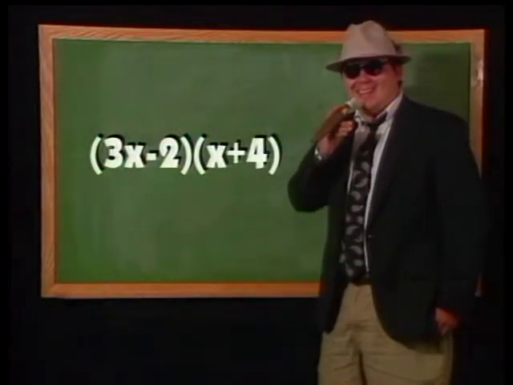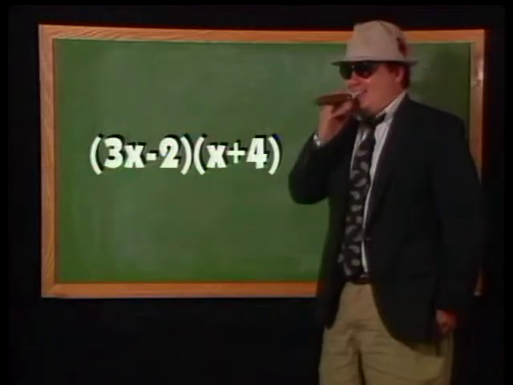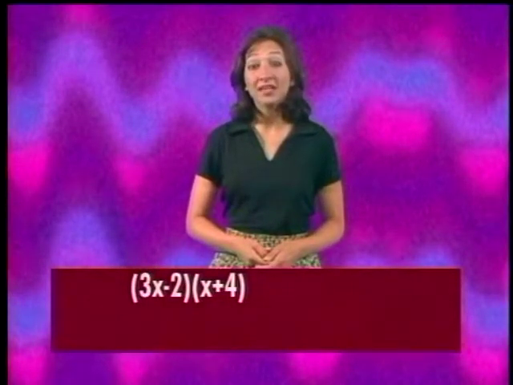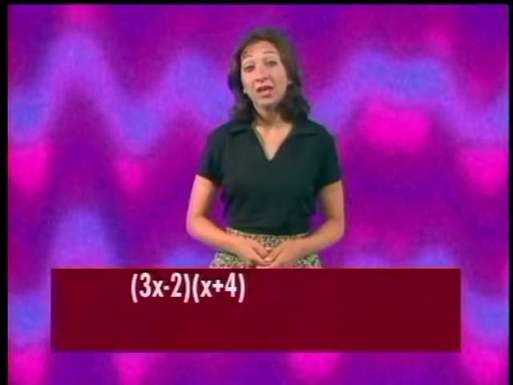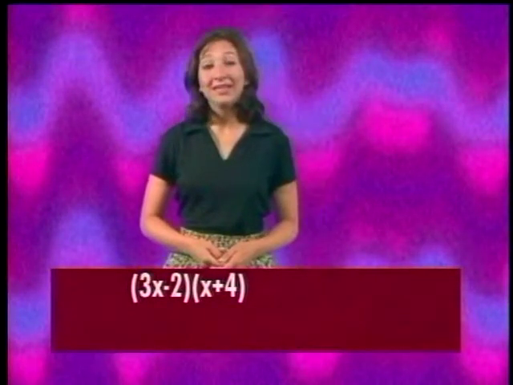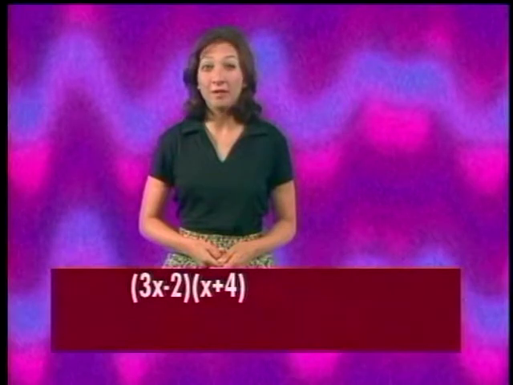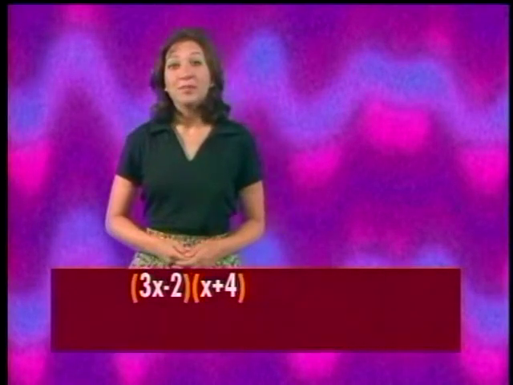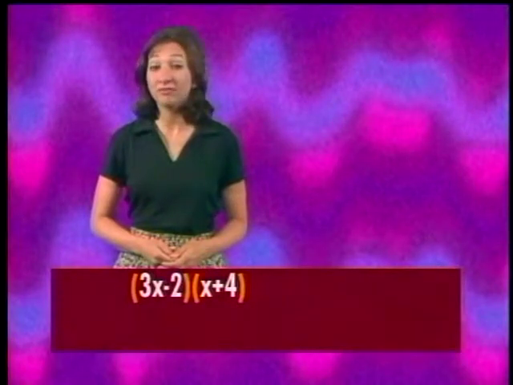Now, sometimes a polynomial may appear in disguise. The expression 3x minus 2 times the quantity x plus 4 doesn't look like our earlier examples. It isn't made up of simple terms separated by a plus or minus sign, and it has parentheses. But as we will see, it can be put into a different form.